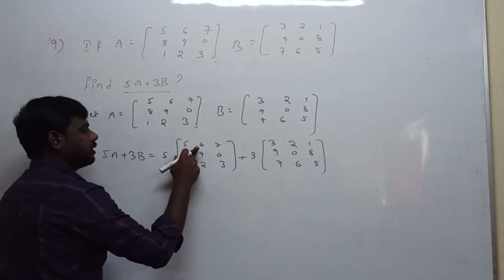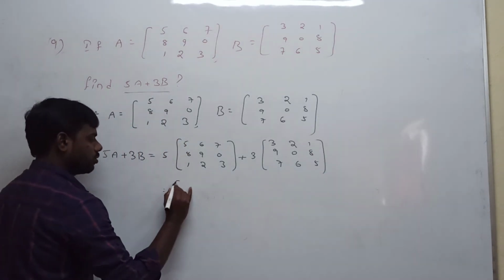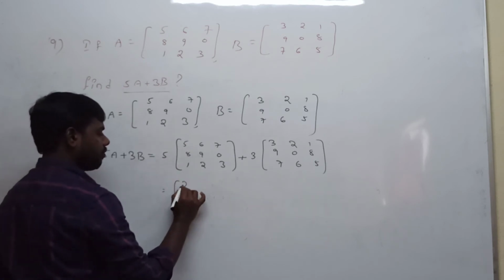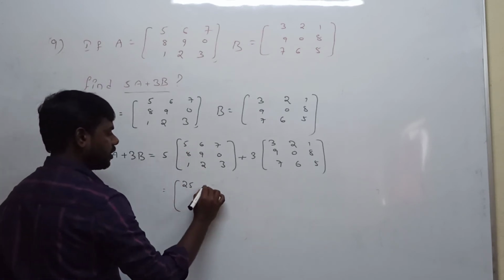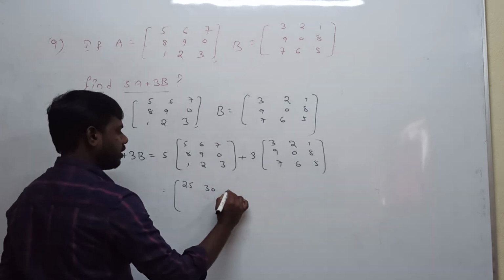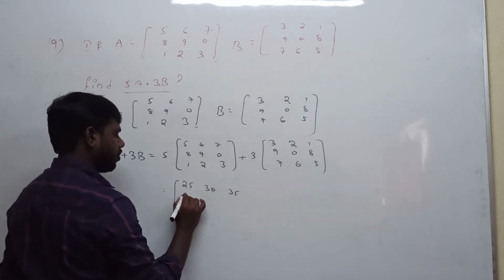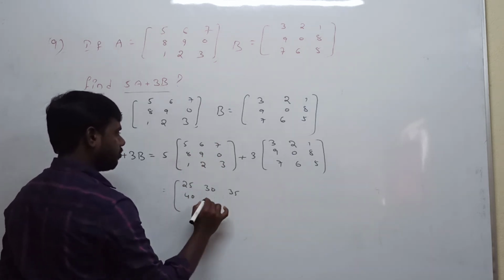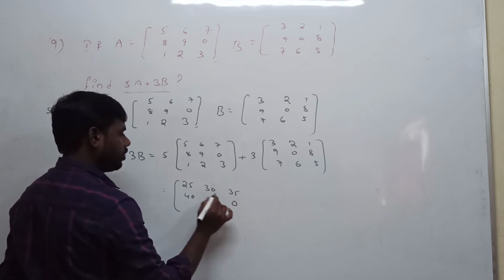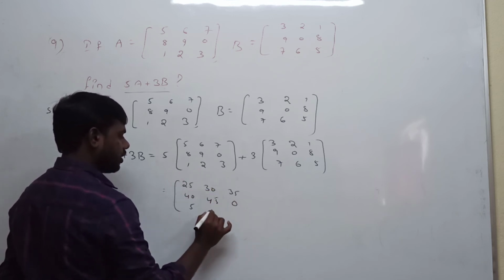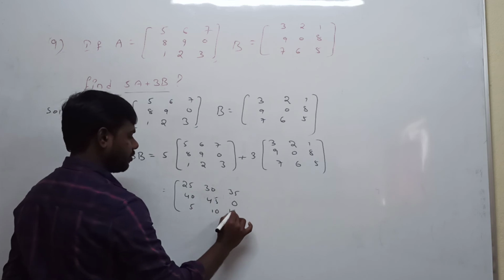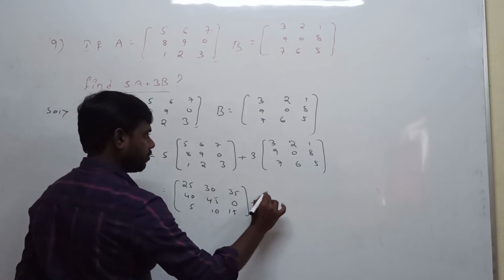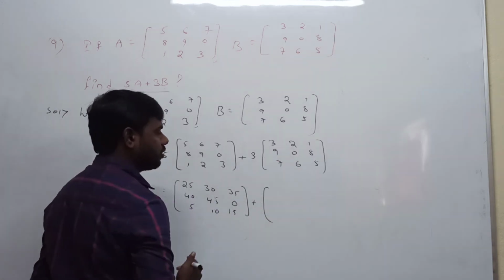So now each element is multiplied with 5. 5 into 5 is 25, 5 into 6 is 30, 5 into 7 is 35, 5 into 8 is 40, 5 into 9 is 45, 5 into 0 is 0, 5 into 1 is 5, 5 into 2 is 10, 5 into 3 is 15.